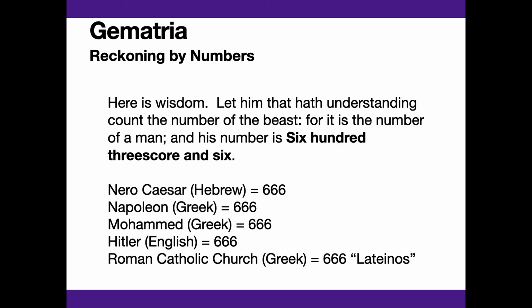So Nero in Hebrew is 666. In the Greek language, Napoleon is 666. Likewise in Greek, Muhammad is 666. Hitler in English is 666. And in the Greek language, if you're talking about the Roman Catholic Church, it's 666.